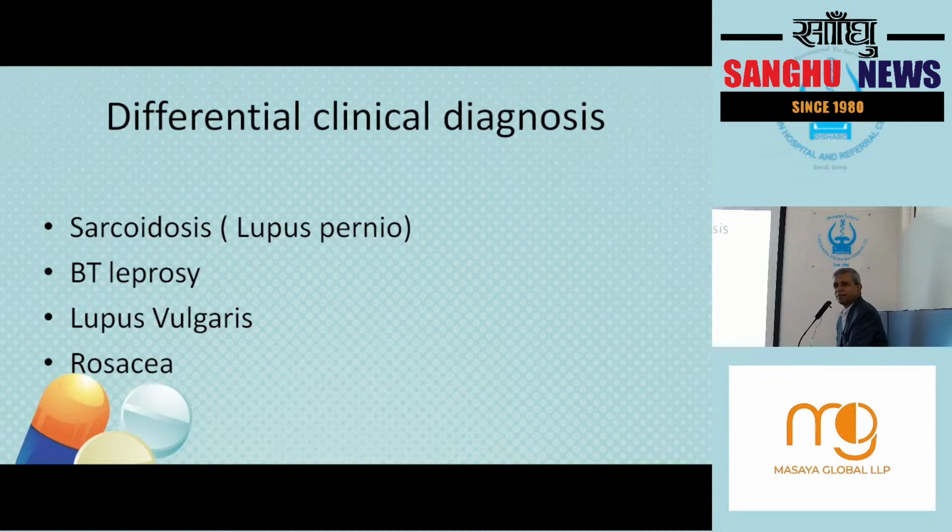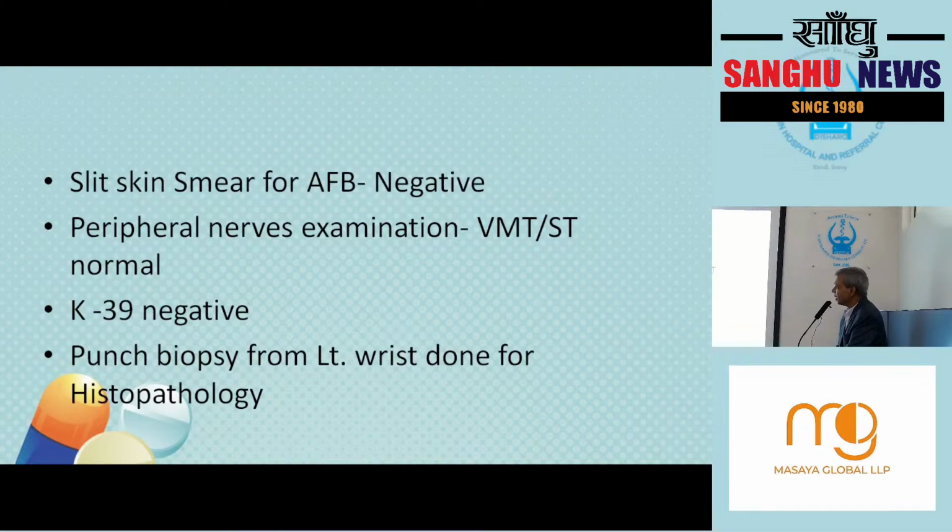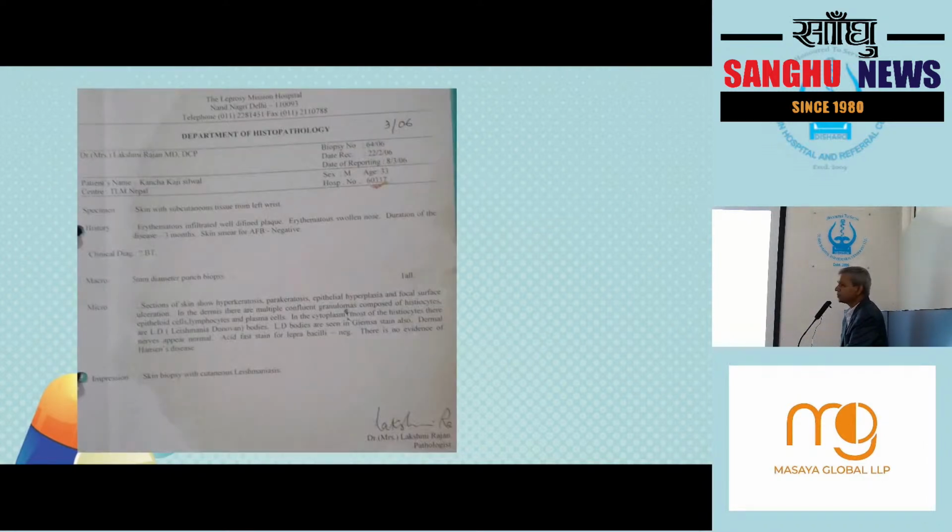At that time we had the provision to send the biopsy to India only. So I took the biopsy and sent it to India, with the findings of slit skin smear negative, K39 negative, and the biopsy came back as cutaneous leishmaniasis.